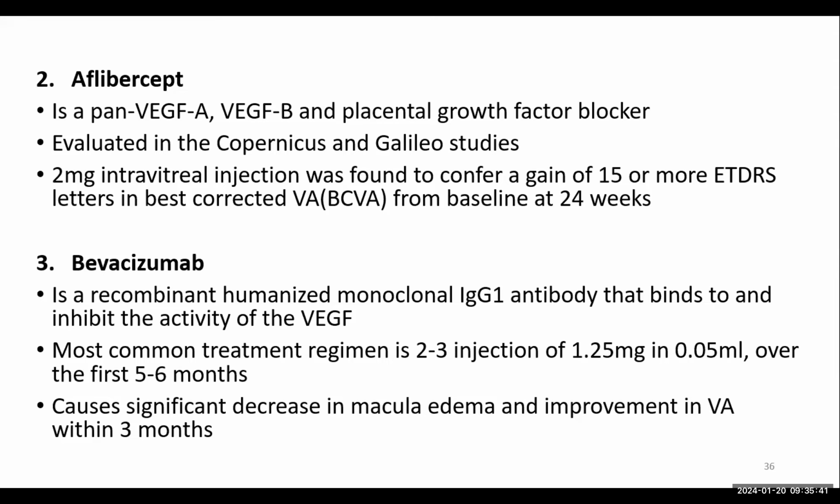For bevacizumab, it's a recombinant humanized monoclonal antibody that binds to and inhibits vascular endothelial growth factor. The most common treatment regimen is 2 to 3 injections of 1.25 milligram in 0.05 ml over 5 to 6 months.